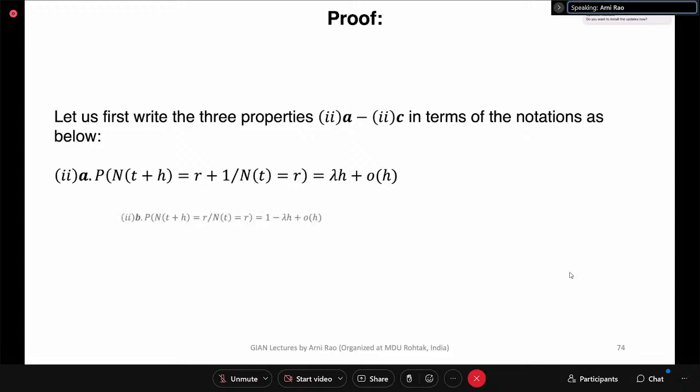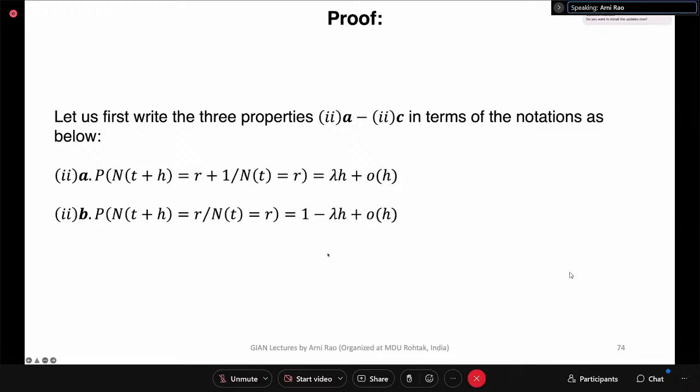The second property says that the state R to R remains the same. That means no event occurred. Up to time T, R events, and at T plus H also R events, so no more events occurred.